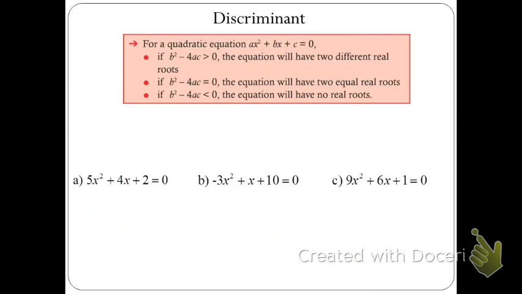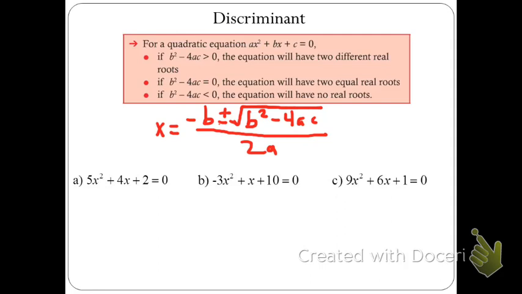Let me write the quadratic formula down for you real quick so I can explain that slightly more. The only part of the quadratic formula that matters when all you care about is how many solutions a quadratic equation has, and are they real or imaginary, is this quantity right there, b squared minus 4ac. And that quantity, b squared minus 4ac, is known as the discriminant. The discriminant is b squared minus 4ac.